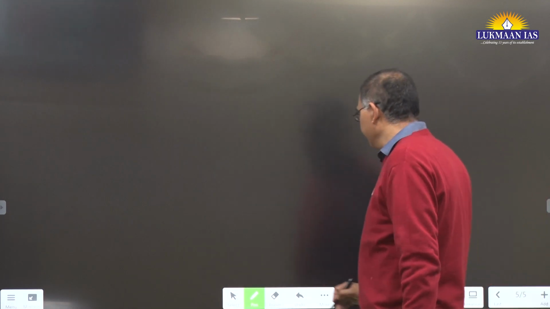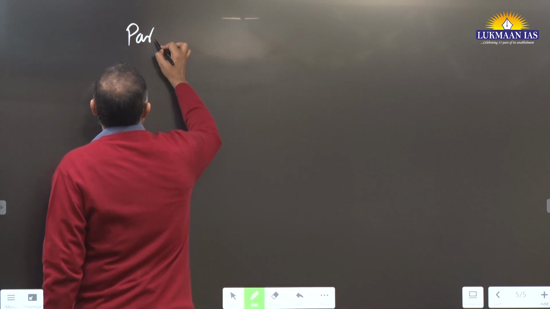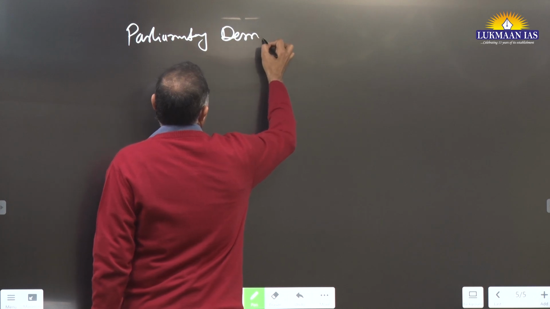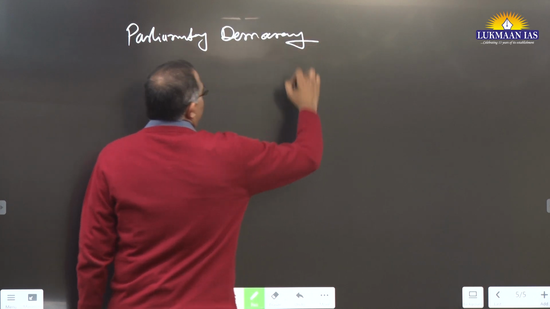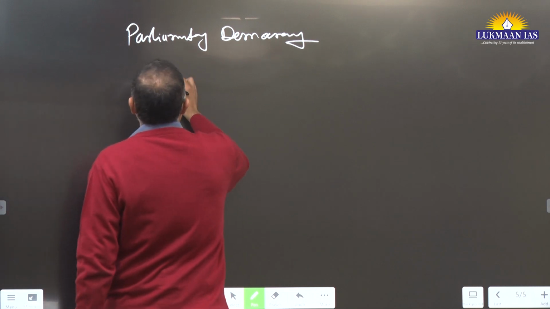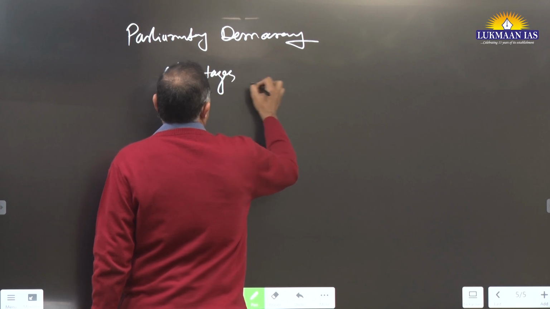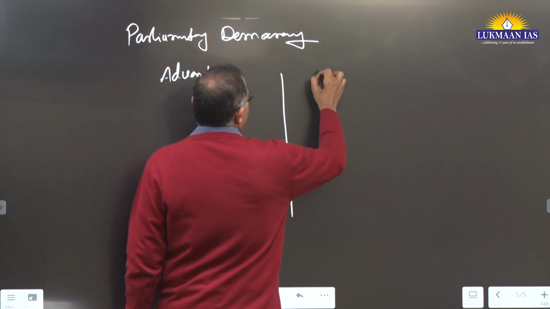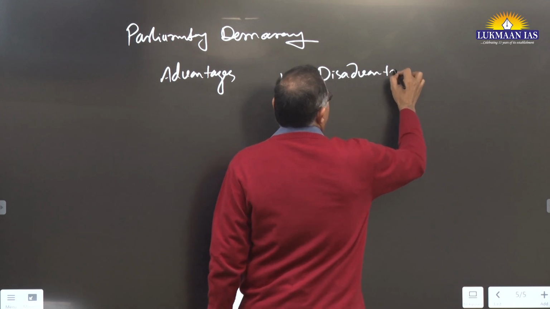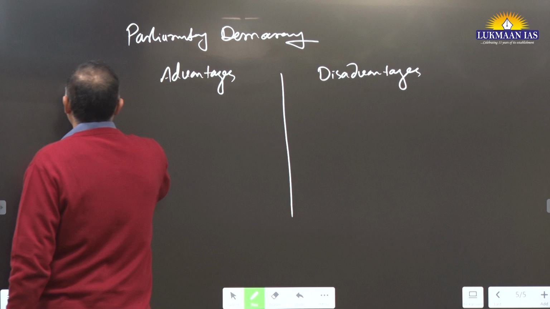Now let's take the parliamentary system, parliamentary democracy. Now, advantages and disadvantages. What will be the advantage?